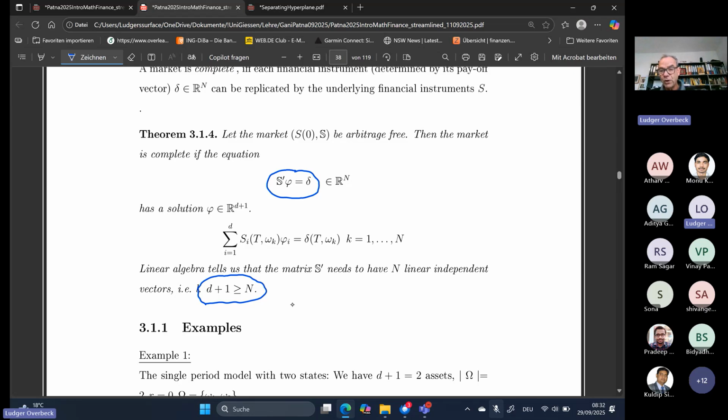This means the number of uncertainties, if you want an interpretation, the N states, should be smaller than the number of assets. And basically you can say it's the number of hedge instruments.